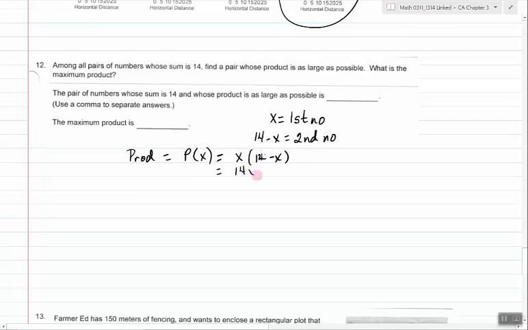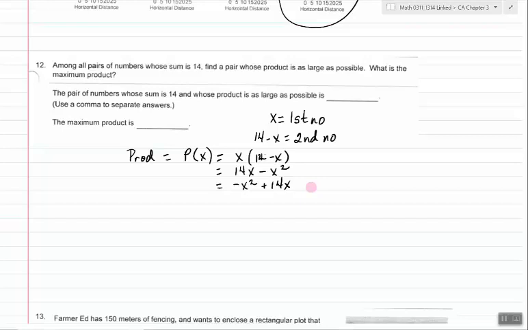That's 14x minus x squared. I could write it as negative x squared plus 14x, and then we know that means plus 0. All right, it wants to know two things.